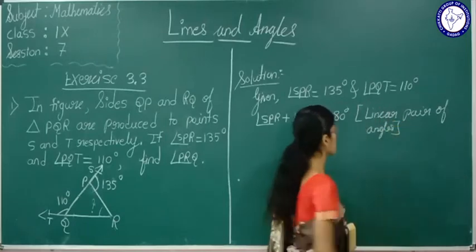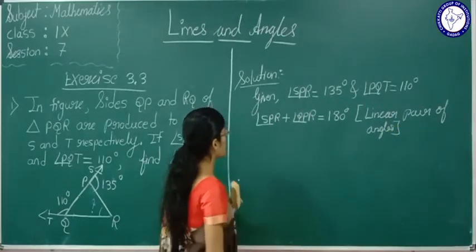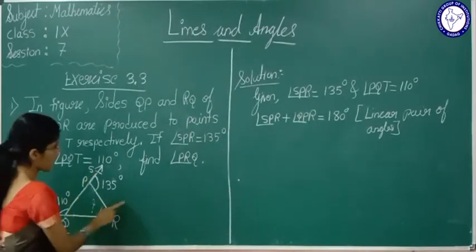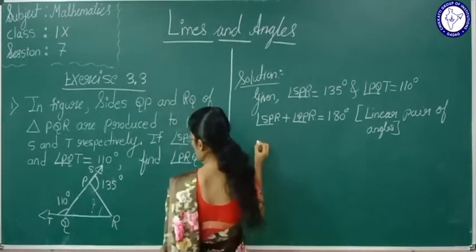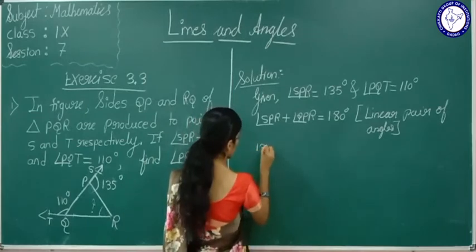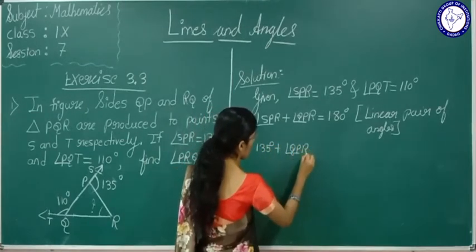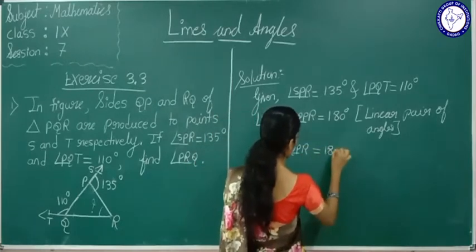Linear pair of angles. Okay. Now see, we will substitute the value. What is angle SPR? Angle SPR is 135 degree plus angle QPR is equal to 180 degree.